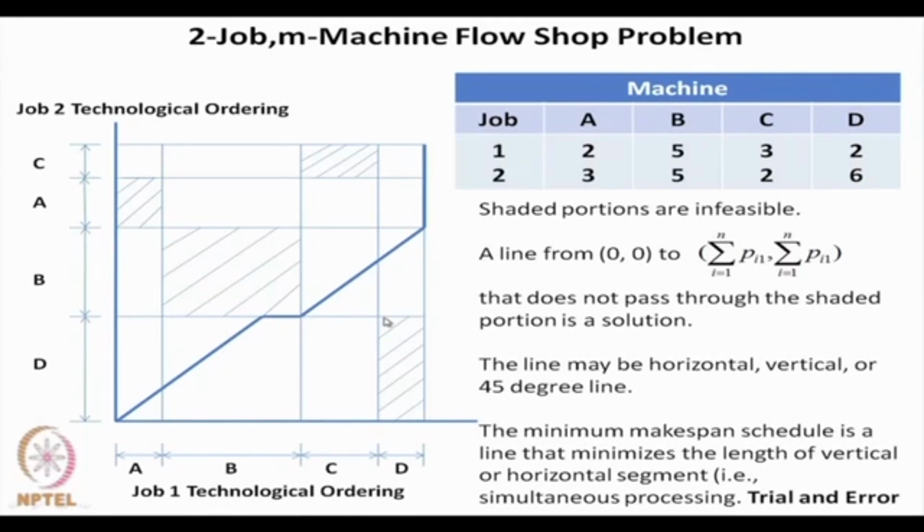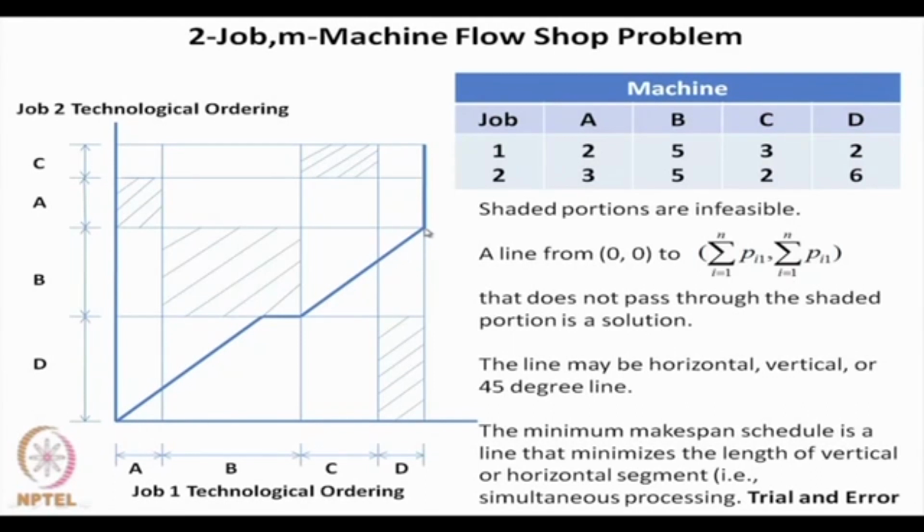So, this will continue till this time, when machine B will continue to work up to this time, but at this point machine C would have completed its operation on job 1, and then machine D can start work on job 1.